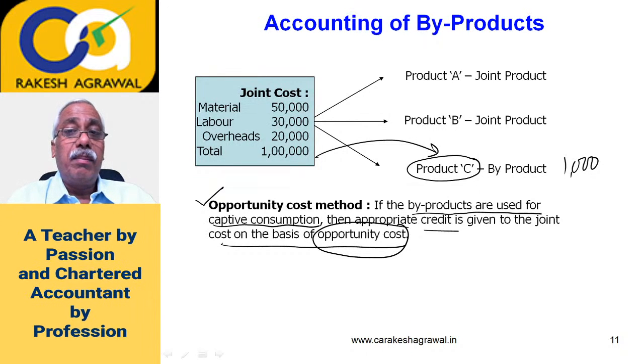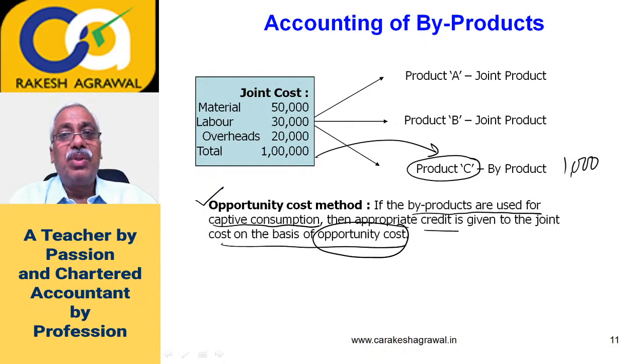Now what entry will happen now? Suppose what you are seeing on the screen is the sugar process account. And there is another process called distillation process, where product C will become input. So what you do: distillation process account debit 1000, to sugar process account 1000.